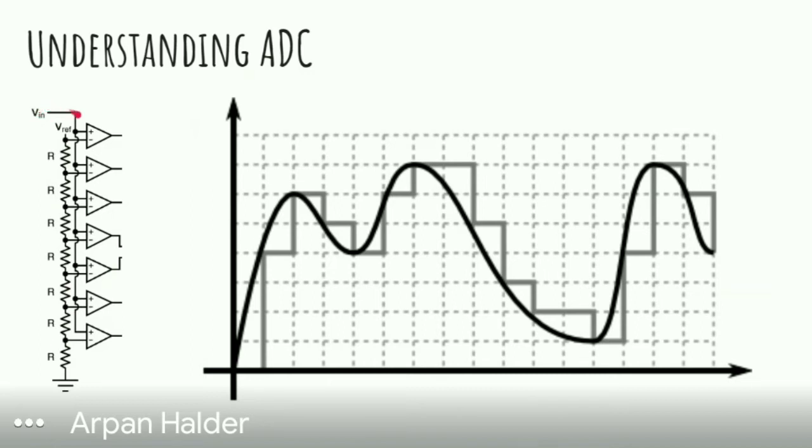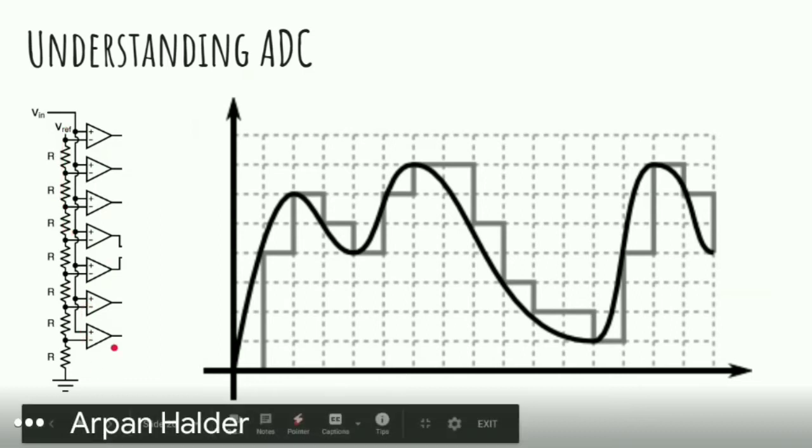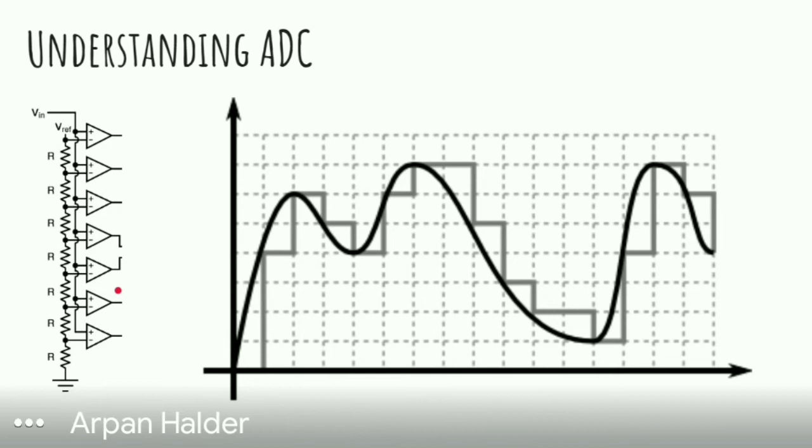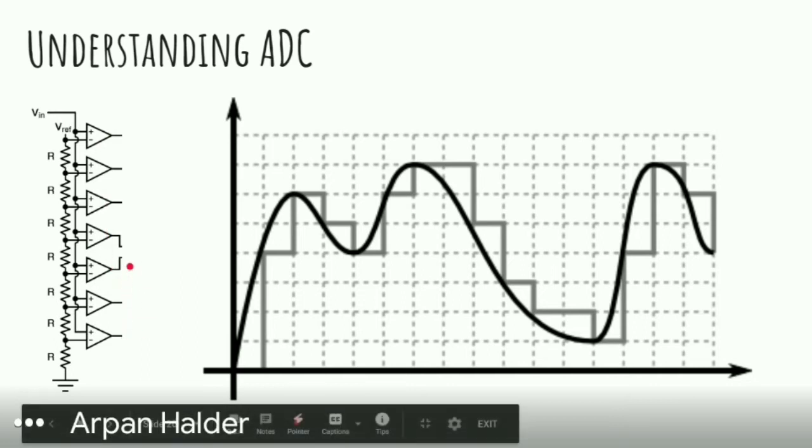So you can somewhat understand that if the voltage is low, only the lower comparators will give a value 1, that is true, that is high, and for the upper comparators the output will be 0. So depending on whether my voltage is high or low, I can have several comparators giving different values collectively.